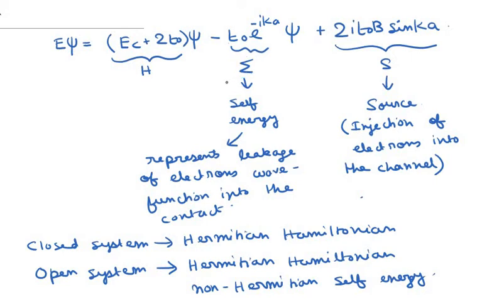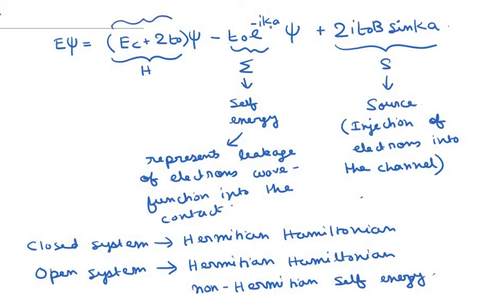It incorporates the effect of channel leakage, and the mathematical difference is that it is an energy dependent term because it has this wave vector k over here. So this is an energy dependent term, which basically makes this entire equation non-trivial, because earlier the Hamiltonian used to be a constant matrix.